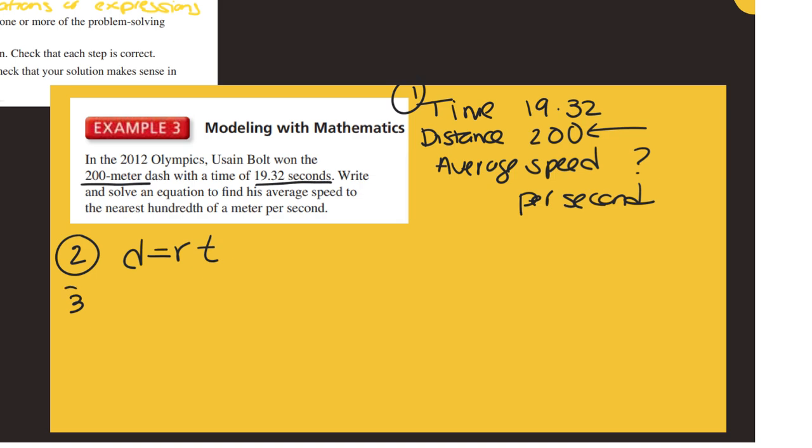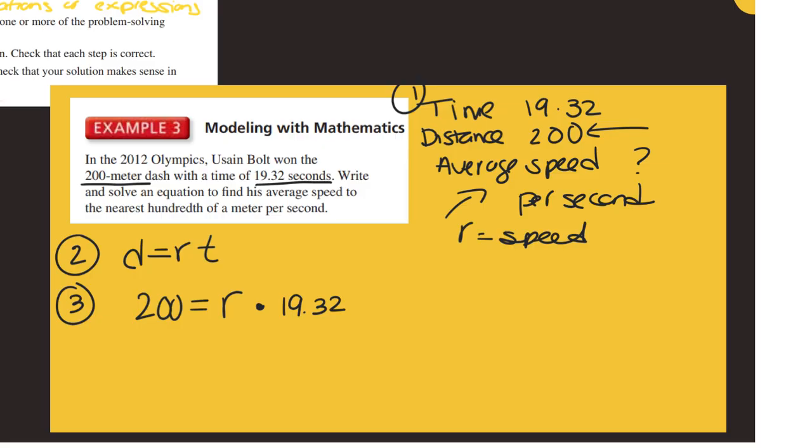We know that 200 is the distance. R we're going to use to represent rate, which is going to be the speed. That is what we're looking for. So we do not know what R is. Times T. T is the seconds, 19.32. So we substituted 200 for D and 19.32 for T.